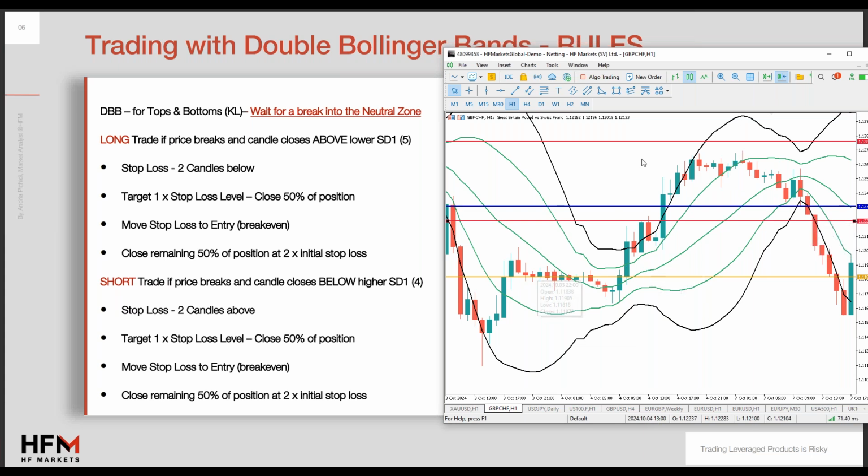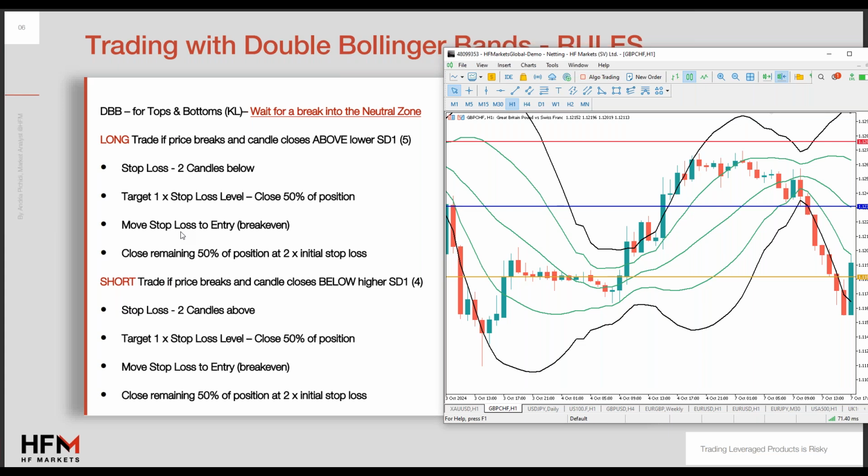So we will be in profit with this distance over here, locking some profits as well. So for your stop loss, you can use a trailing stop loss. Just make sure that by hitting the first target, that will be the close of the 50% of your position.